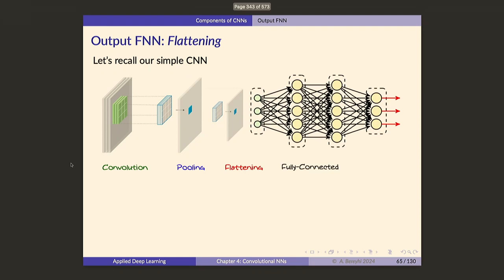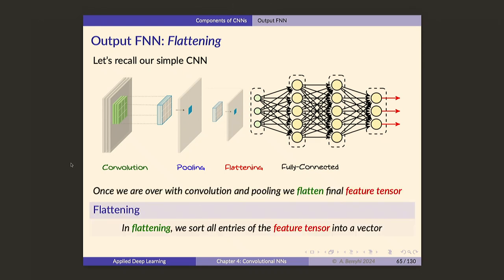The next thing that we need to do is flattening. But I guess this is more than obvious for all of you, right? In flattening, we basically look at the last layer, after all those convolutions and poolings. What kind of object is that? Is it a vector? A matrix? A tensor? It's a tensor.